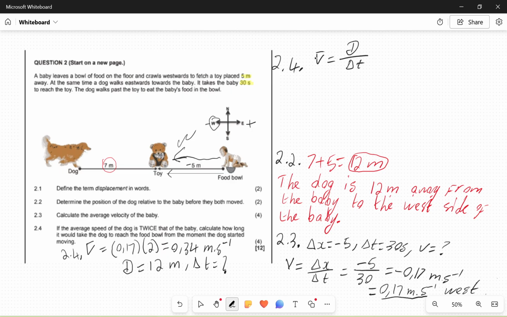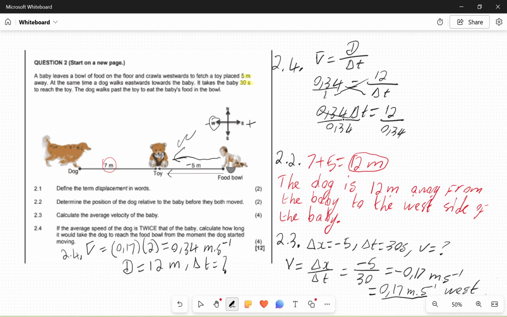Then from here we'll substitute our average speed. Our average speed is 0.34, equal to our distance, 12 meters, divided by our change in time, which we do not know. From here we'll do cross multiplication. Delta t times 0.34 will be 0.34 delta t is equal to 1 multiplied by 12, which is 12. Then we divide by 0.34 on both sides.